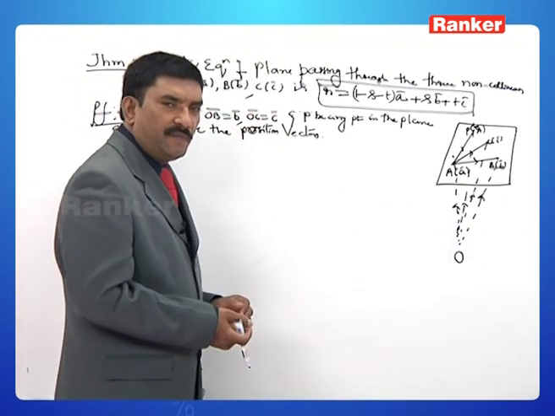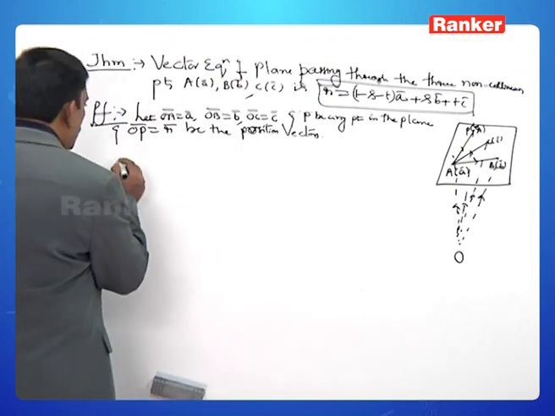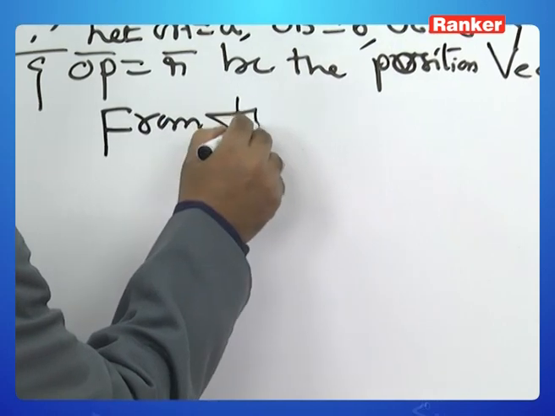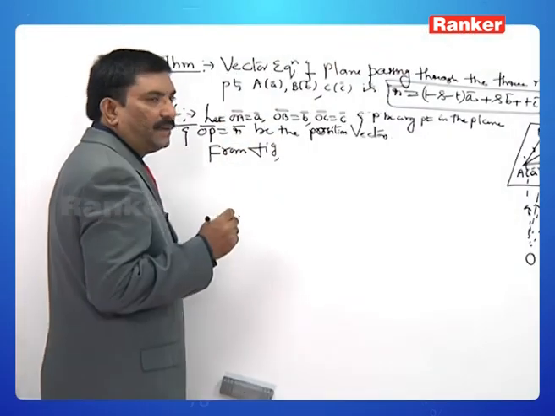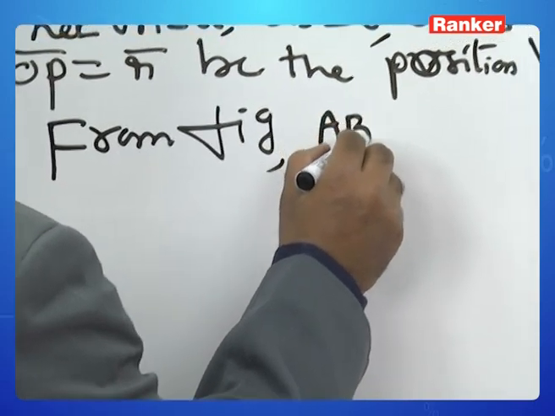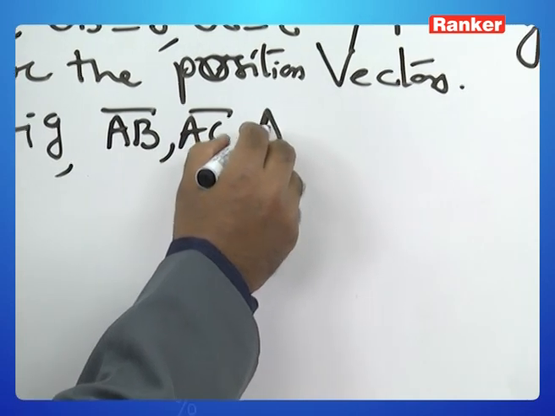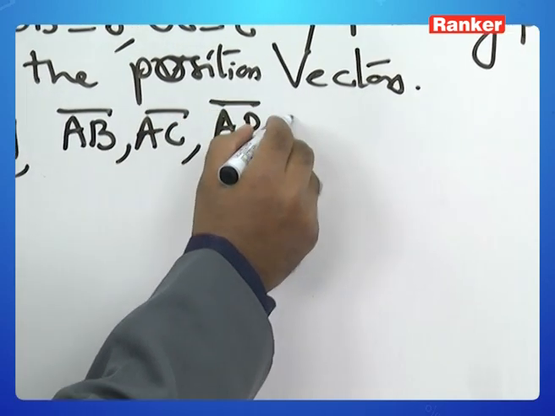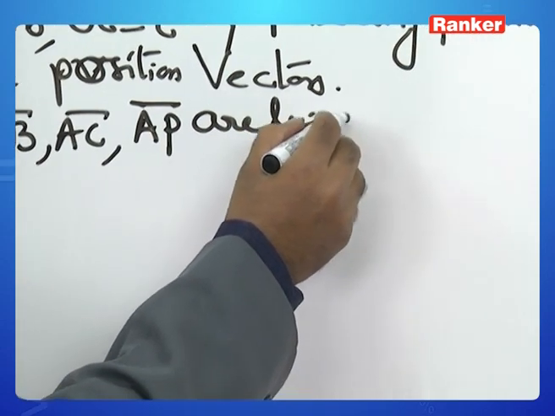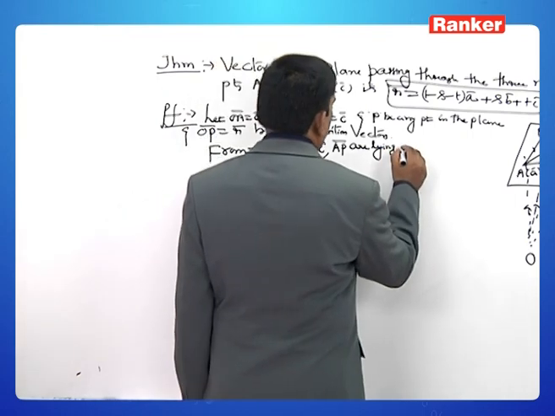Now I am taking from figure AB bar, AC bar, AP bar are lying in the same plane.